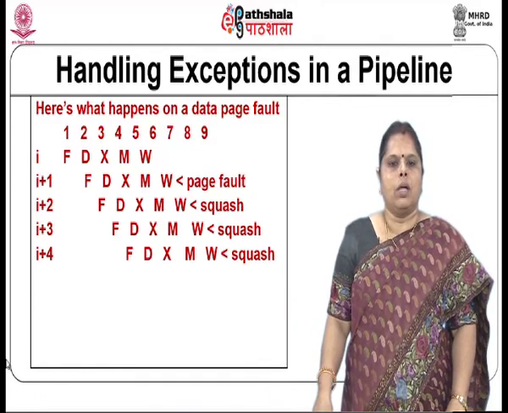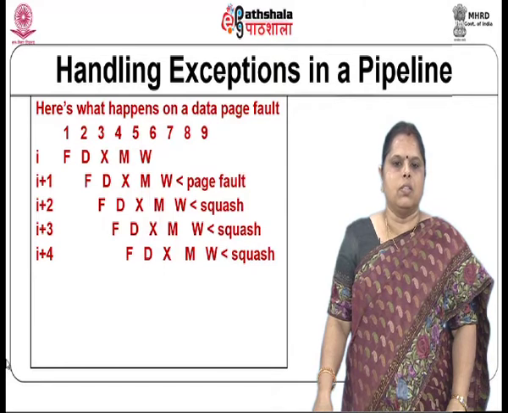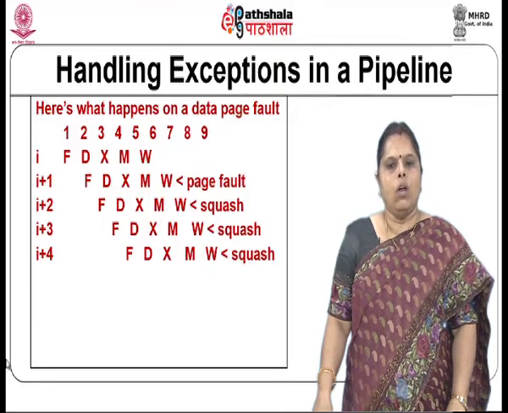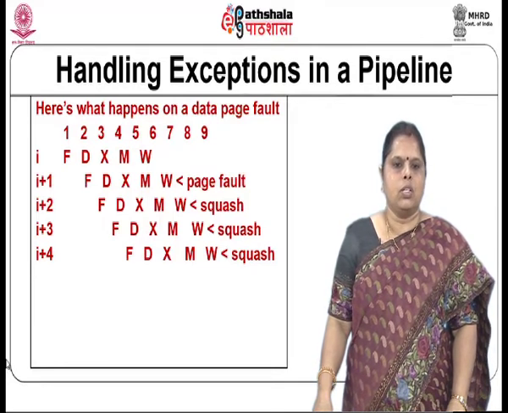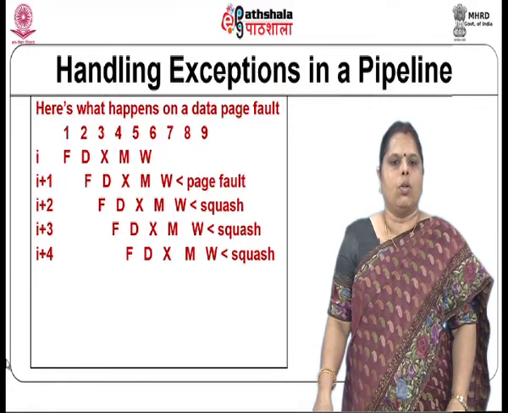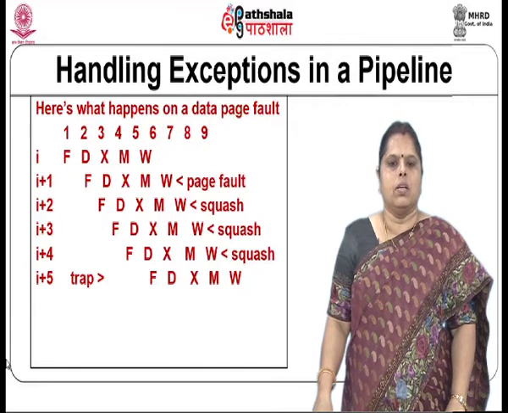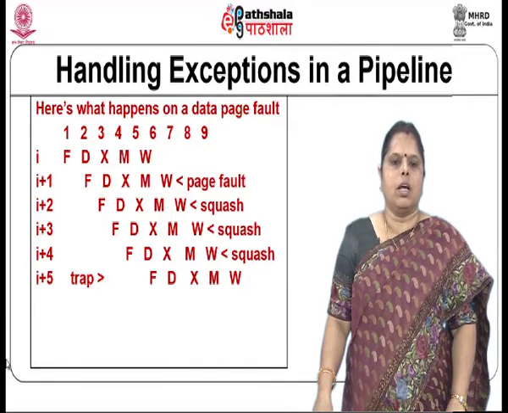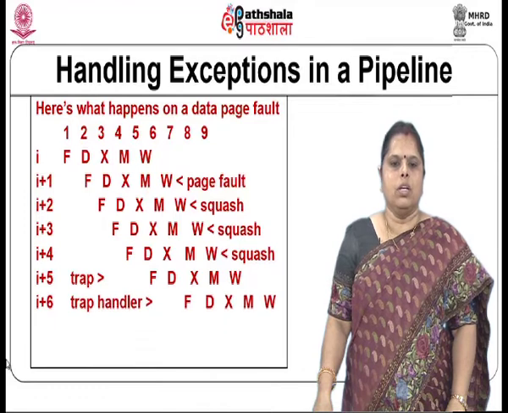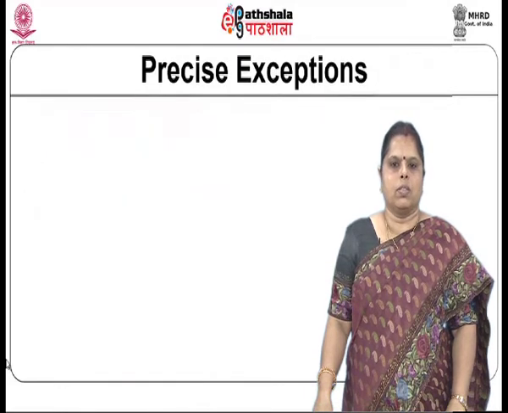But starting from the i plus 1th instruction, which raised the page fault, all the other instructions will have to be squashed. All the instructions that were already let into the pipeline following the instruction that caused the page fault are squashed, and then the trap is let into the pipeline at the next instruction fetch. Once the trap takes effect, the exception handler comes into place.